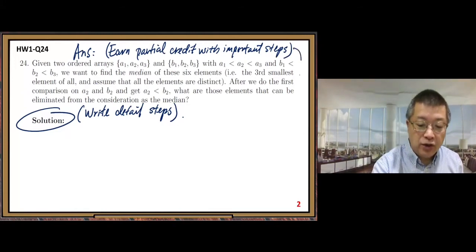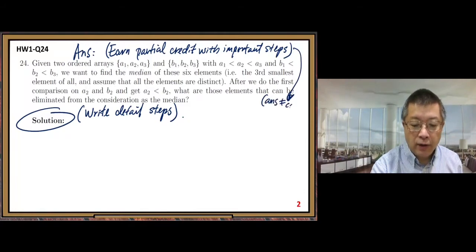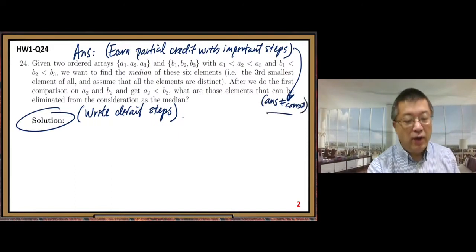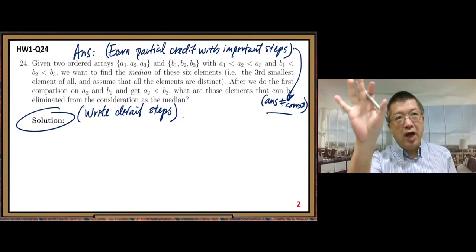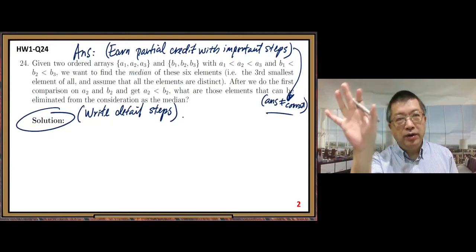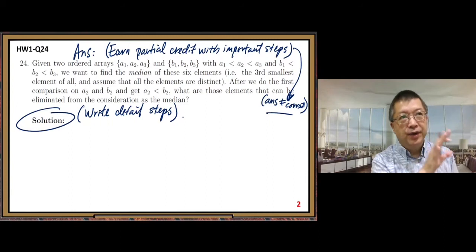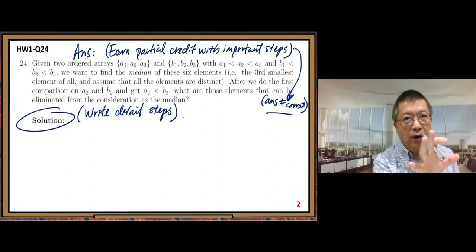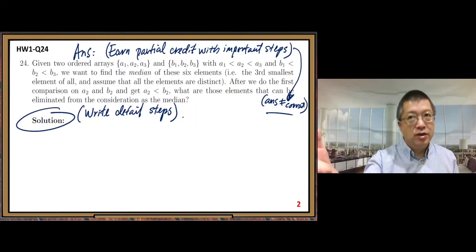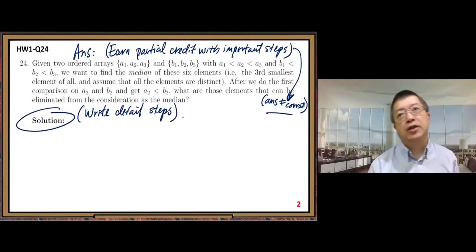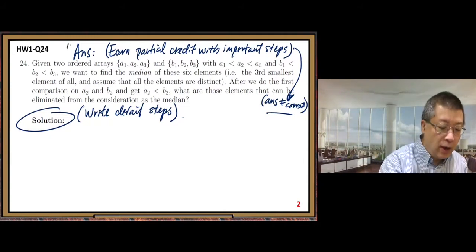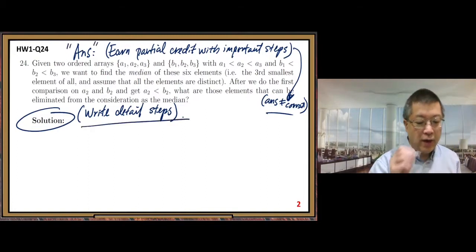Even if the answer is incorrect, but you write some important steps or important formula, telling me the right way to work, in case you get a wrong answer, then I'll give you a partial credit. All right? So that's for an answer case. But for solution, write detailed steps.